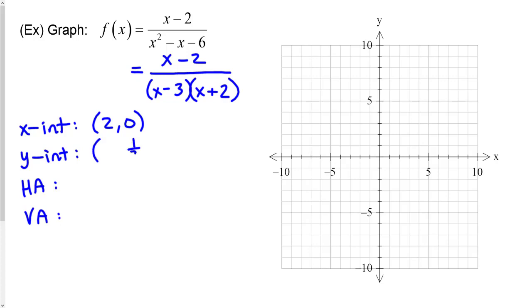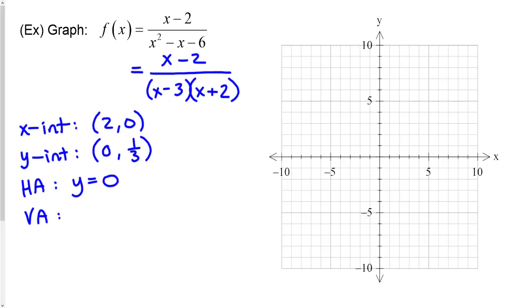So that's going to be 1/3, but make sure you express it as a point. Horizontal asymptotes: here my rational is bottom heavy. If you go back through your notes, you'll note that if the graph is bottom heavy, it has a horizontal asymptote at y = 0. If it has a horizontal asymptote, it does not have an oblique asymptote. That's no longer even an issue at all anymore.